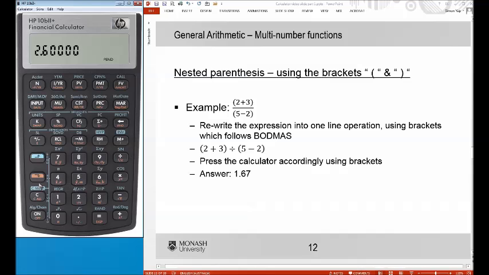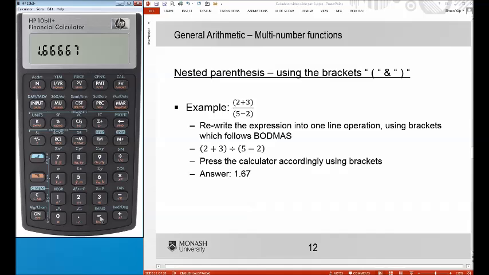So we clear all our memory and we start again. We have the one line operation here, so we key in accordingly. Open bracket 2 plus 3, close the bracket, divided by open bracket 5 minus 2, close bracket, equal.